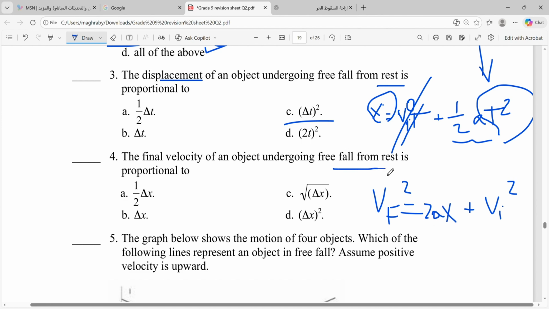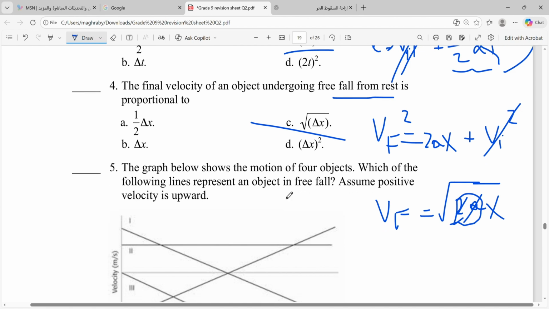And this one falls from rest, so v initial is equal 0. To get the v final, not the v final square, you put root 2ax. 2 is constant, a is constant, so remove the constants. So v final is directly proportional with root x. Okay, this one.